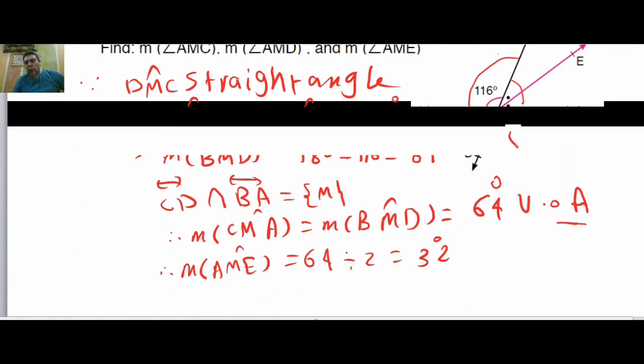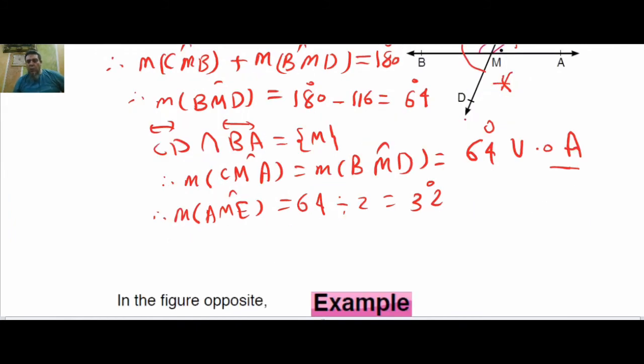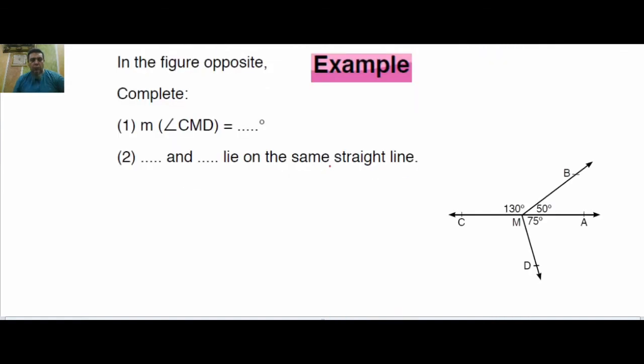To find the measure of angle AMD, measure of angle DMA equals 116 degrees, VOA, vertically opposite angles.